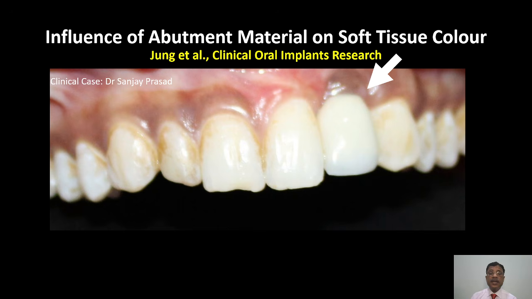Young and his colleagues did a landmark study and they found that if the gingival thickness is 2 mm or less, it is better to place a zirconia abutment rather than a titanium abutment, to avoid the black display of the underlying grayish black titanium abutment and implant.